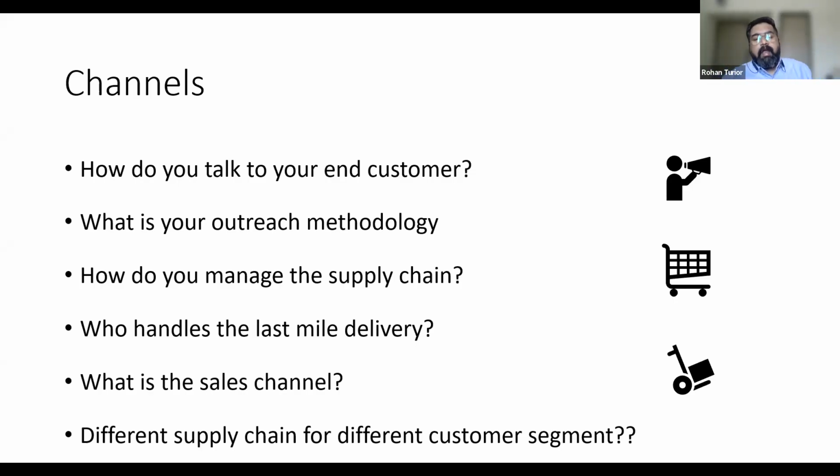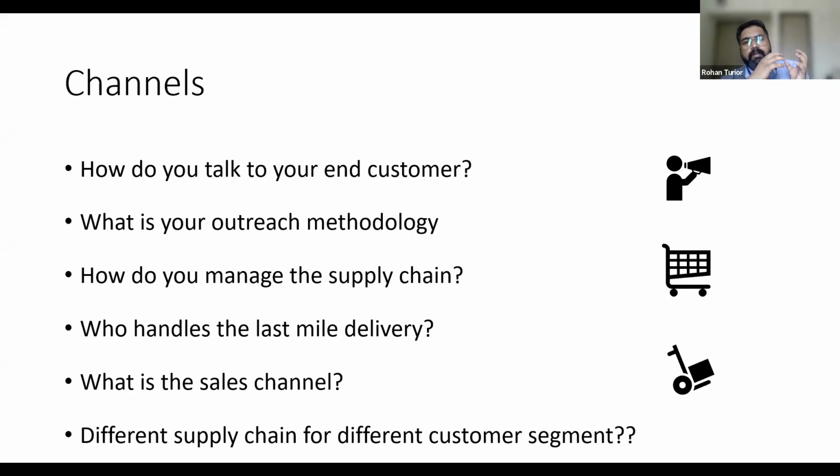So for example, if you want to reach a customer segment on the higher strata of the social circle, the affluent class customer, you would want to give him something more than comfort. You would probably want to give him luxury. You would probably want to give him a fantastic buying experience.